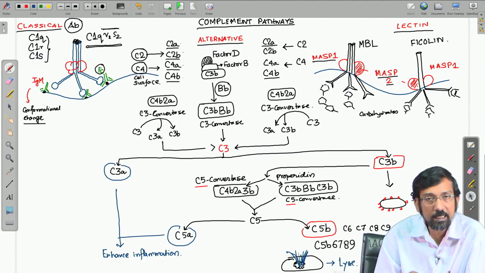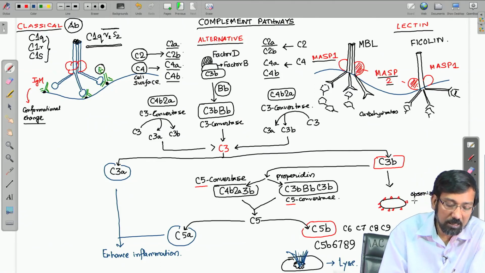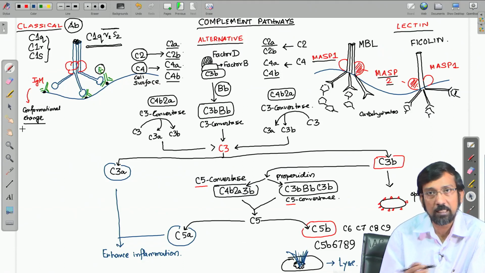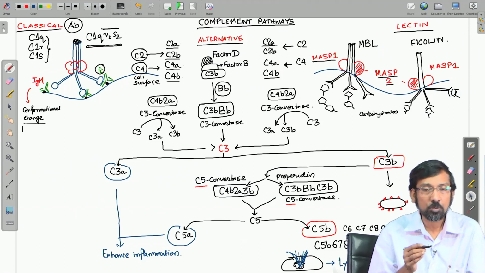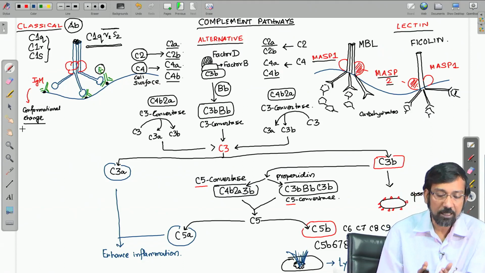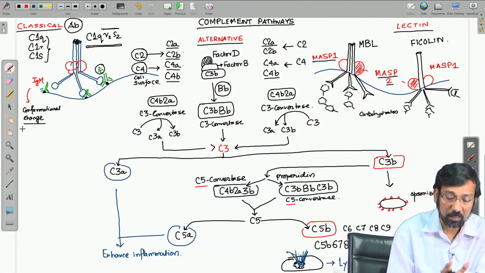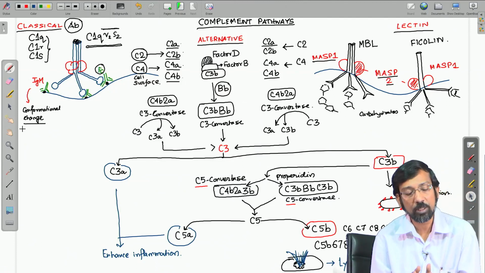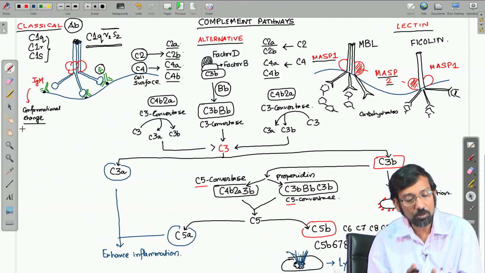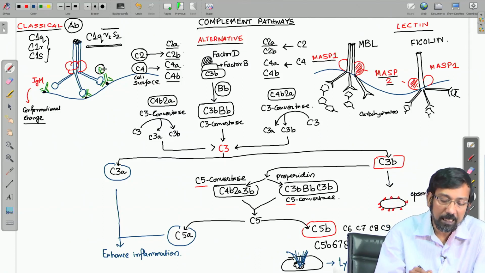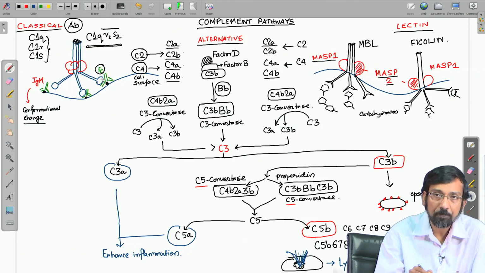So, when there is an antigen antibody interaction, there is a conformational change in the antibody that leads to exposure of the Fc regions, which can interact with the complement protein C1.